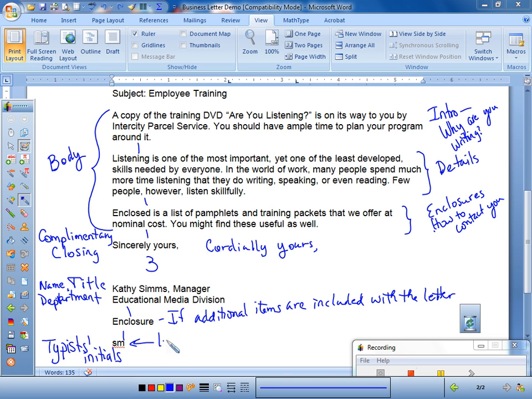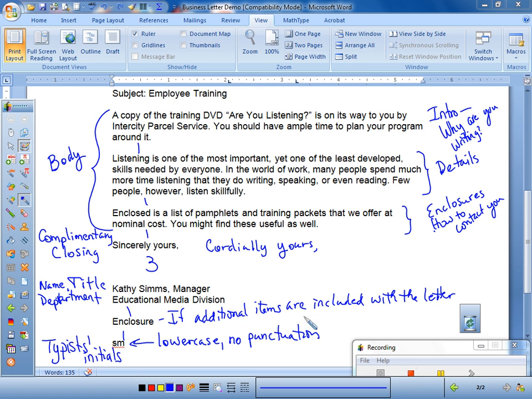Lowercase, no punctuation. So if you wrote the letter for somebody else, you put your initials on it. If you're writing your own letter to apply for a job, don't put the typist initials on there.